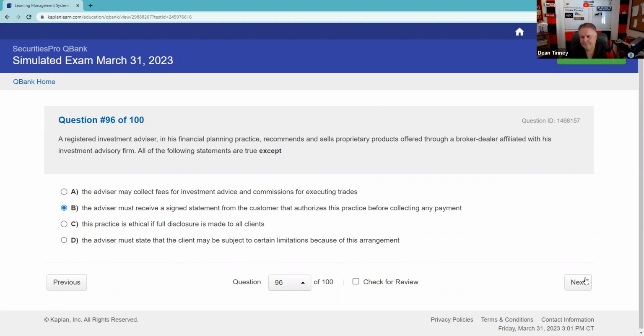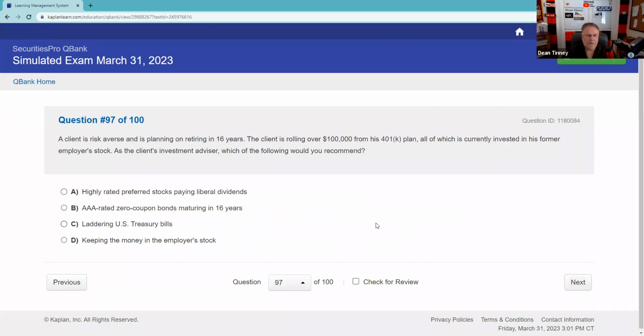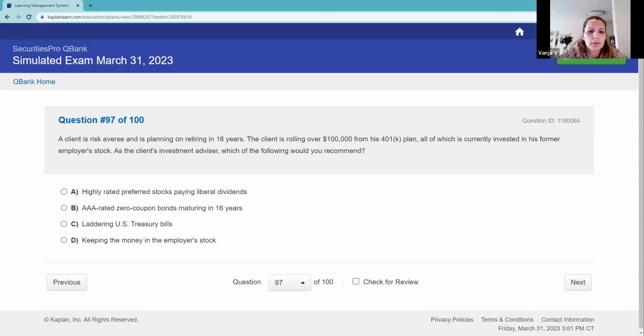Excellent, man, excellent. A client is risk averse and planning on retiring in 16 years. The client is rolling over 100,000 from his 401k plan, all of which is currently invested in his former employer's stock. As the client's investment advisor, which of the following would you recommend? Highly rated preferred stock paying liberal dividends, zero coupon bonds maturing in 16 years, laddering US Treasury bills, keeping the money in the employer stock.